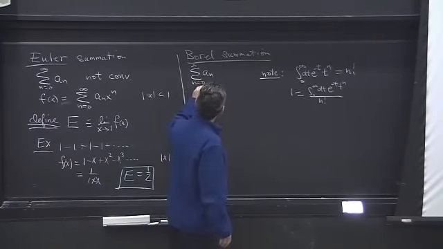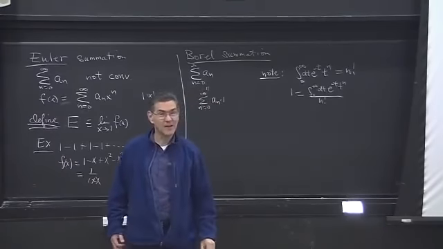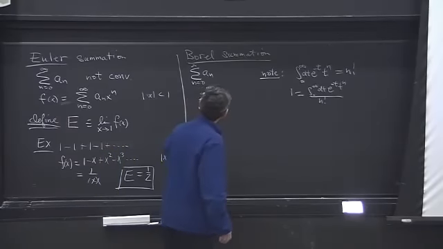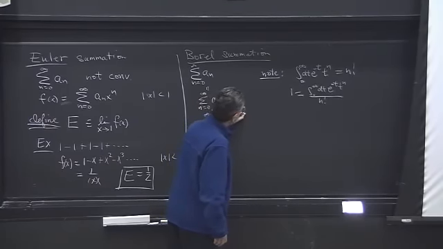Let's multiply every term in the series by 1. Can't hurt. Which we could rewrite as the sum from n equals 0 to infinity, a sub n times the integral from 0 to infinity dt e to the minus t, t to the n, over n factorial.